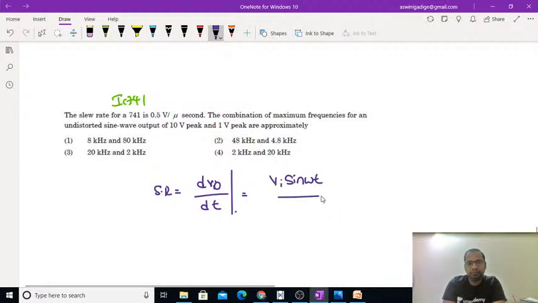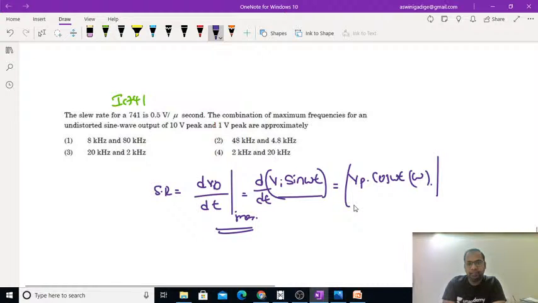That is VA sin omega t. I am just deriving this one, then I will get the peak voltage into cos omega t into omega, and I have to take it as a maximum. Slew rate means maximum rate of change of voltage.